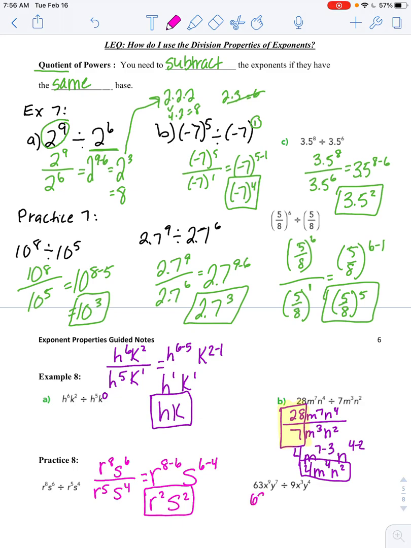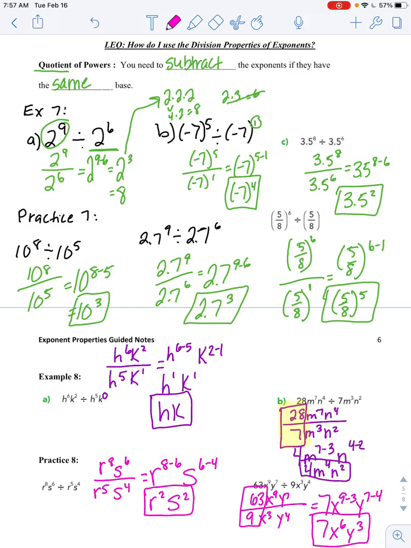Next one, we got 63, x to the 9th, y to the 7th, divided by 9, x to the 3rd, y to the 4th. So we can divide 63 divided by 9, that gives you 7. Then we have x to the 9 minus 3, and then y to the 7 minus 4. So 7x to the 6th, y to the 3rd is your final answer for that one.